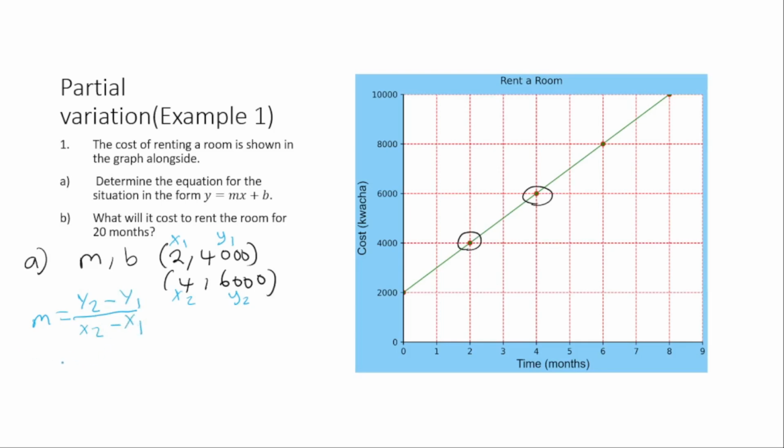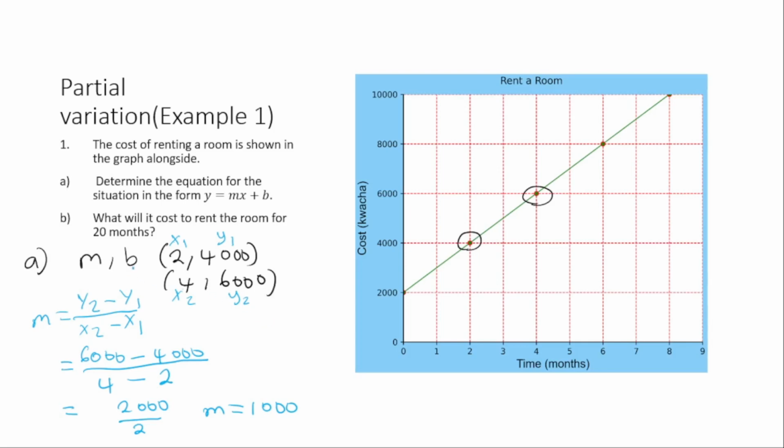This is the formula. So looking at my assignments, that is 6,000 minus 4,000 over 4 minus 2. When we subtract this, we have 2,000 over 2. So m will be 1,000.